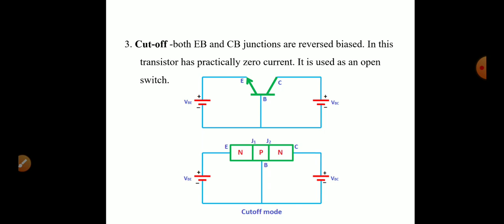The important feature of this mode is that it supplies zero current and acts as an open switch. Here also we explain the cutoff mode in an NPN transistor. The emitter is N-type. For reverse biasing, we connect the positive terminal of the battery to the emitter N-type, and the collector N-type is also connected to the positive terminal of the battery. So in cutoff mode, both junctions are reverse biased, it supplies zero current, and it acts as an open switch.